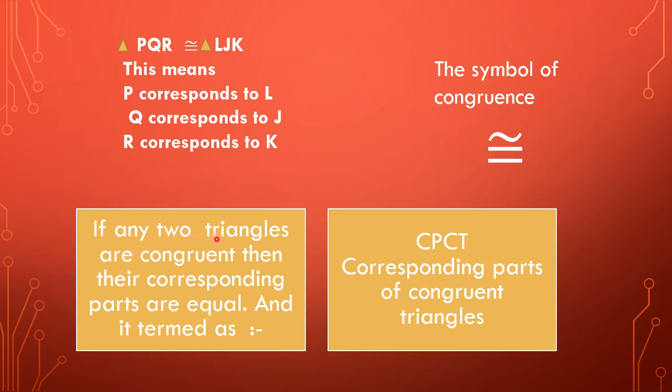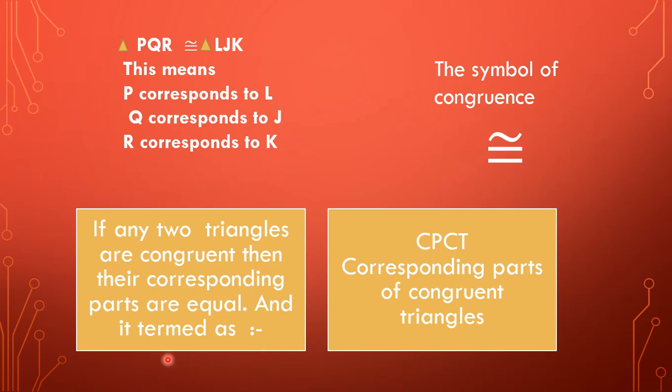Now, if two triangles are congruent, then all the corresponding parts are equal. If the triangles are congruent, it means whatever the angles and whatever the sides, all are equal in measure.